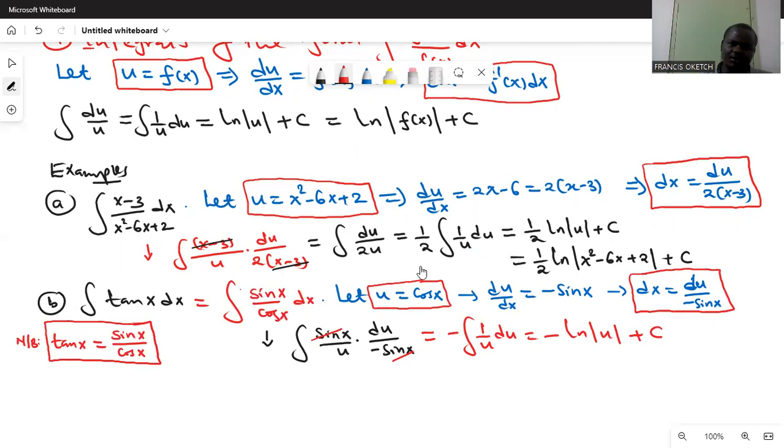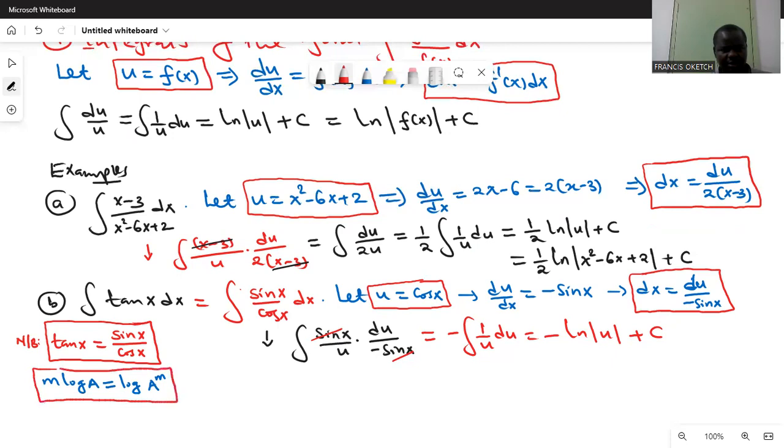From the laws of logarithms, you also need to take note that if I have m times log a, this can also be written as log of a raised to m. That again is very important. This is the third law of logarithms.